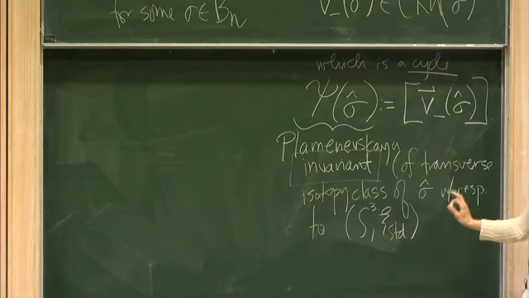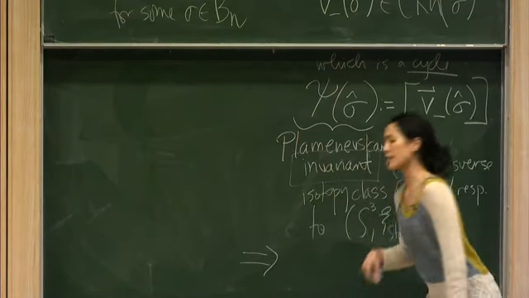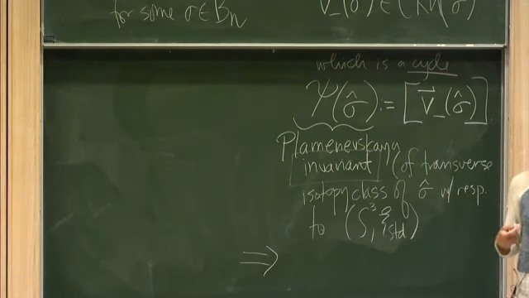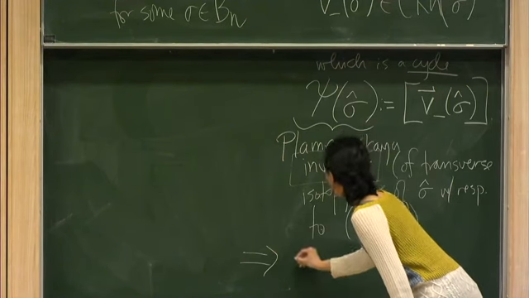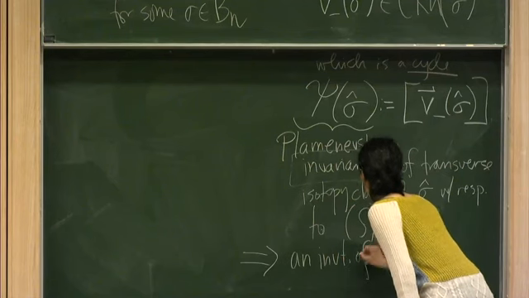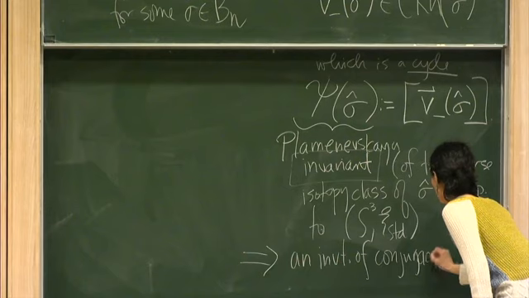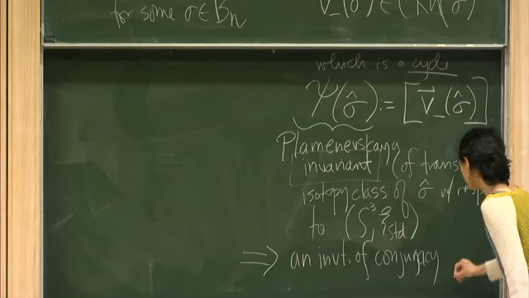But from our point of view today, all we care about is that it's also an invariant of the conjugacy class of sigma hat. So hence an invariant of the conjugacy class. And that's what we're going to use for this trivial braid detection.